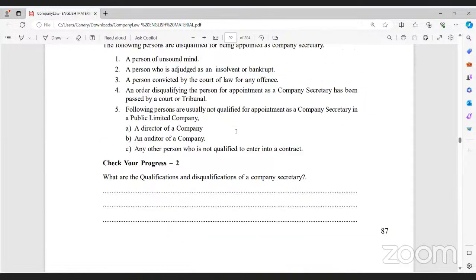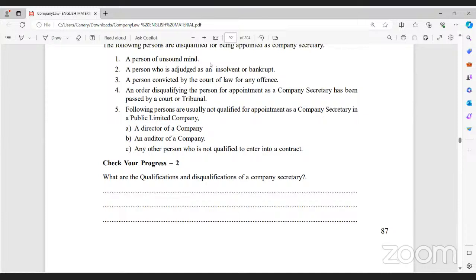What qualities should not be there in a person who wants to be a CS? Unsound mind. He cannot work as a CS, nor as a partner also. And one who became insolvent or bankrupt.